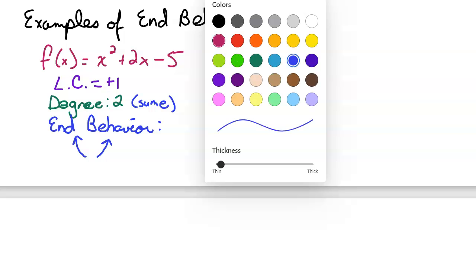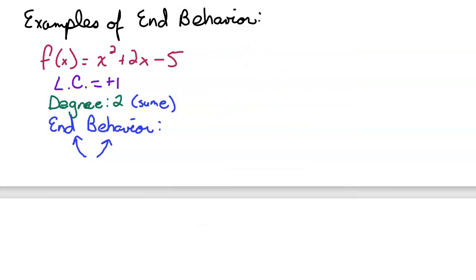So if I put it into the format like we did earlier, as x approaches negative infinity, so the left side of my graph, f of x approaches positive infinity.